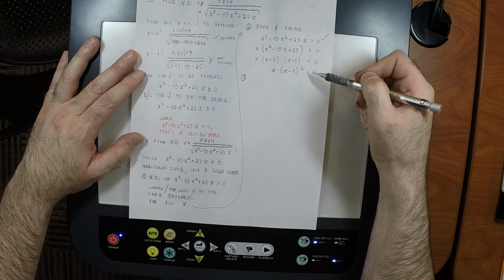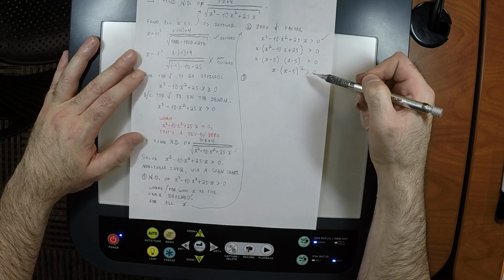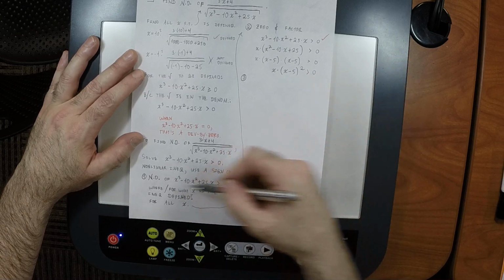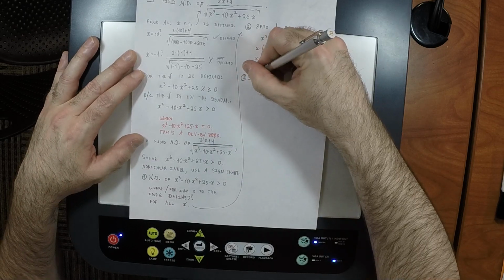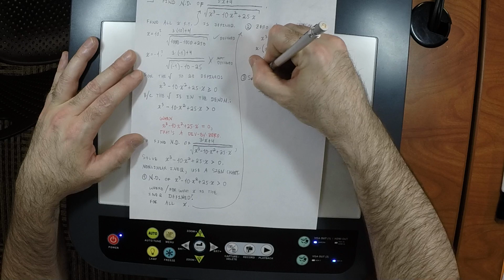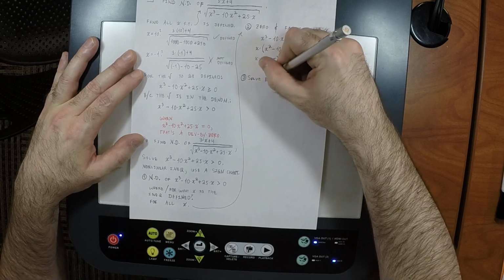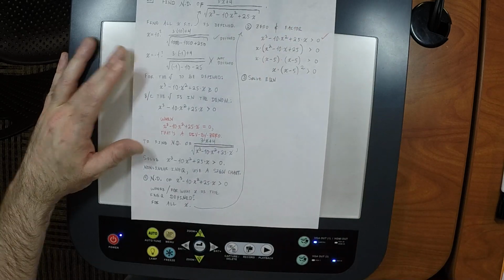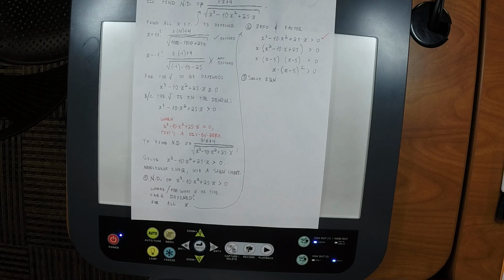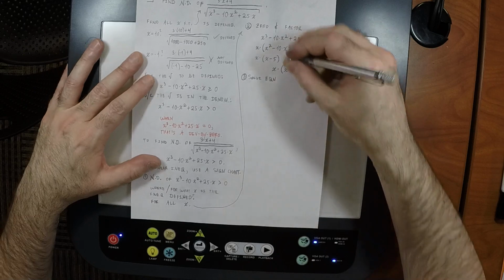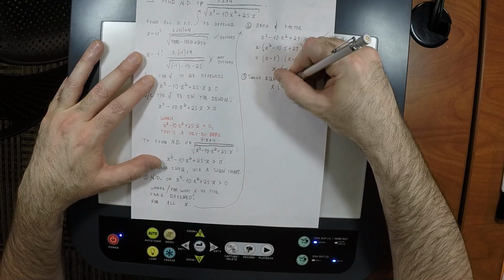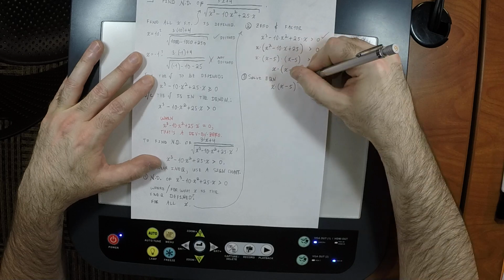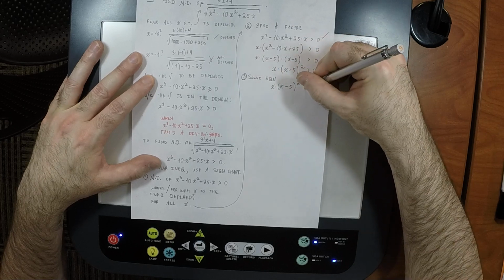So these are all safe steps. And so on the way to solving this inequality, we're going to solve an equation, because it turns out that solving equations is usually easier than solving an inequality. So we're going to take that inequality and convert it to an equation.